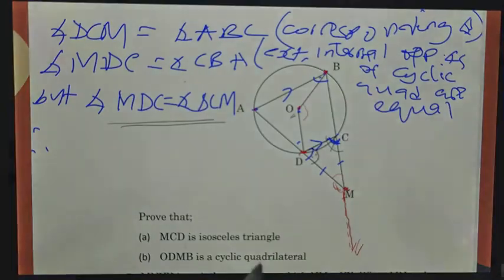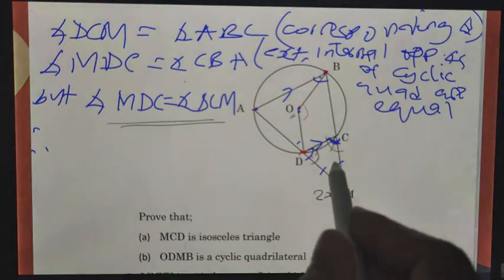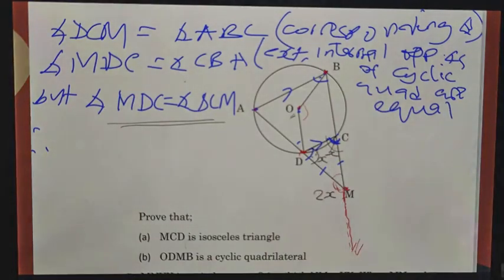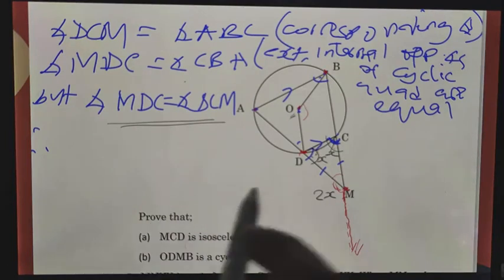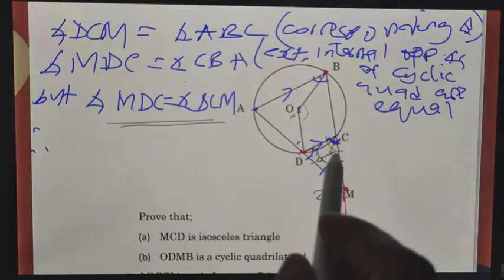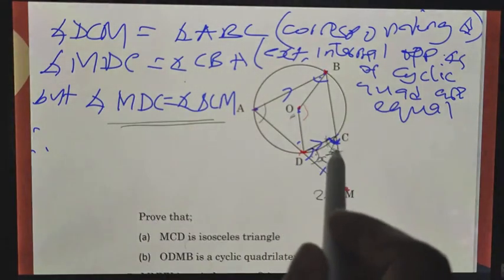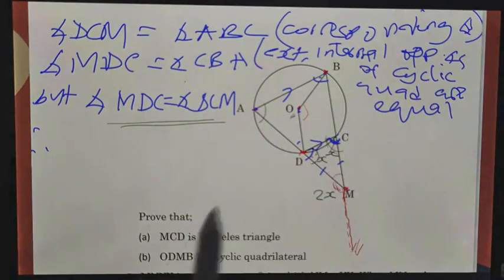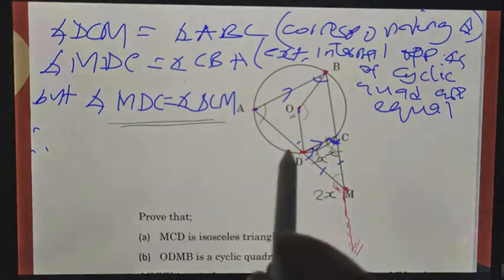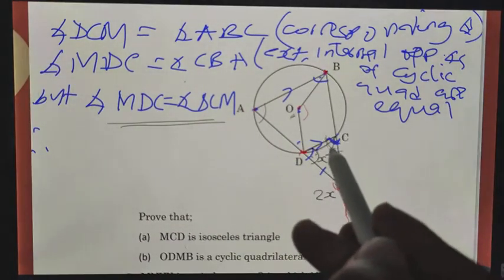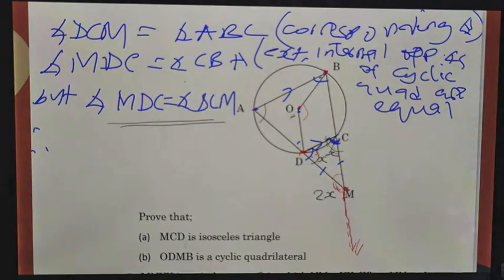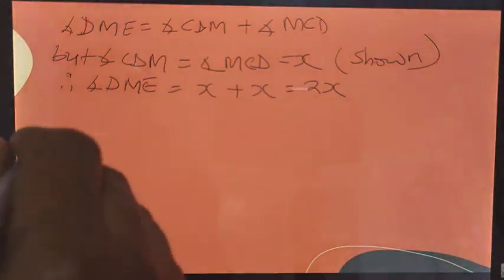So in this case that one is 2X, that one is X, that one is X. If you remember as well, this angle has to be equal to that angle, the exterior angle equal to the interior opposite angle, because we are told ABCD is a cyclic quadrilateral.